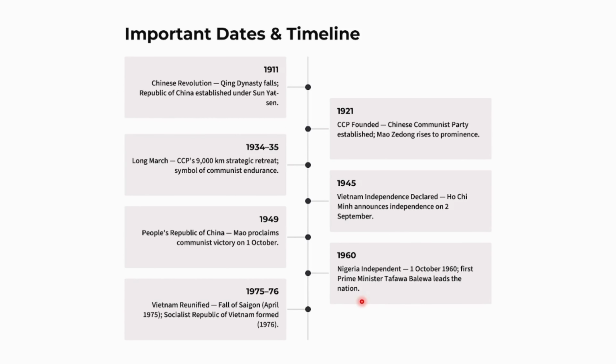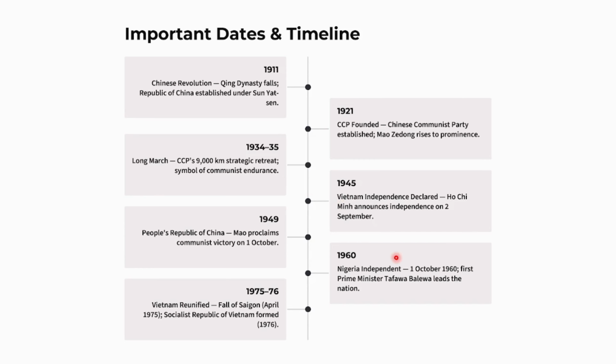So the important timeline here: 1911, Chinese Revolution, Qing dynasty falls, Republic of China established under Sun Yat-sen. 1921, China's Communist Party founded, and Mao Zedong rises to prominence. 1934-35, the Long March of the Chinese Communist Party, a 9,000-kilometer strategic retreat, symbol of communist endurance.